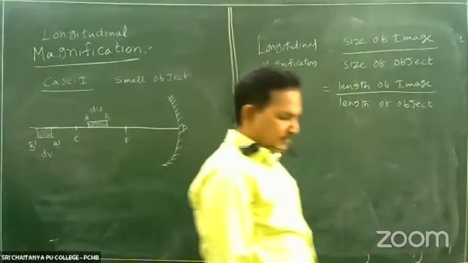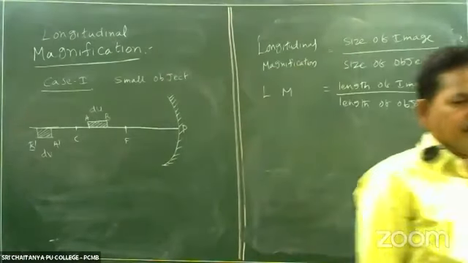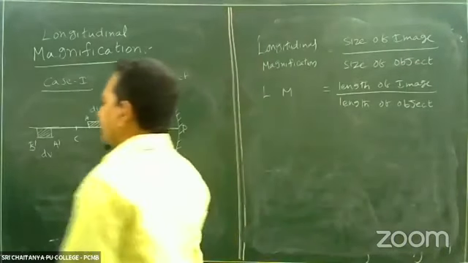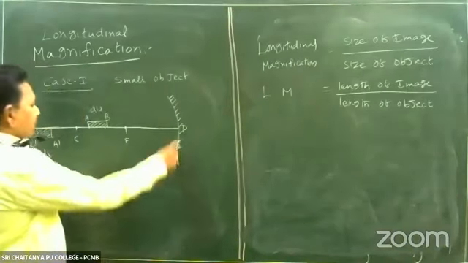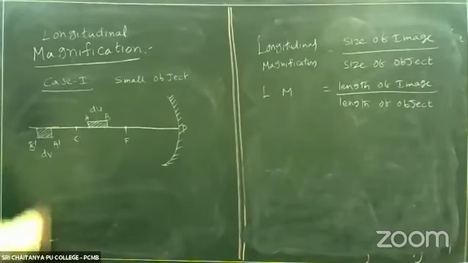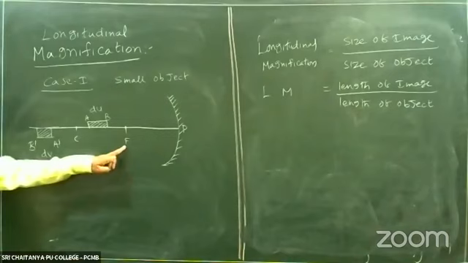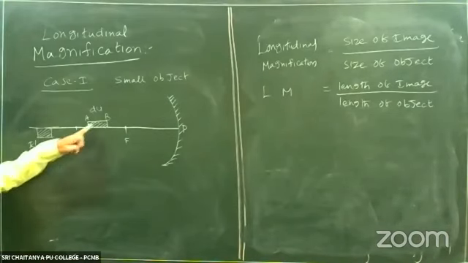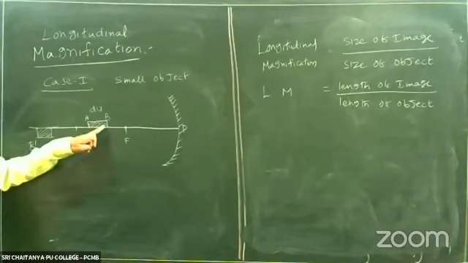Observe the ray diagram. Concave mirror. P represents the pole, principal axis, principal focus, center of curvature. A very, very small object is kept along the principal axis.